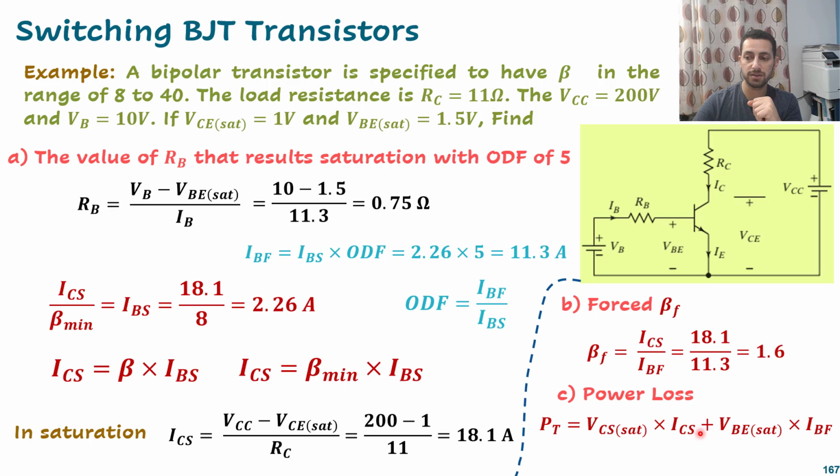And you should select IC saturation and IB forced, because we are forcing the base current to be that value. So now after multiplying and calculating the equation, it will be 35 watt, okay? So this is the losses for this transistor.